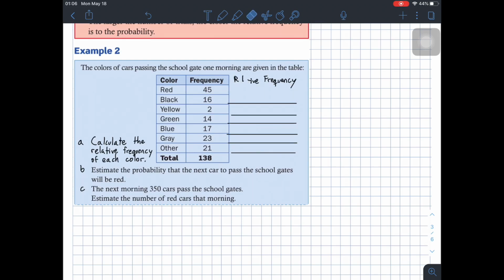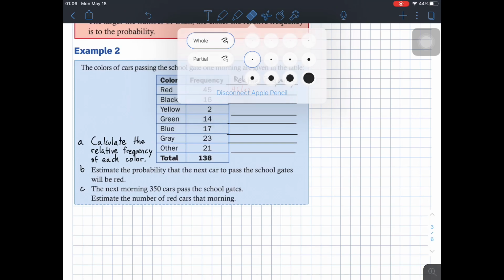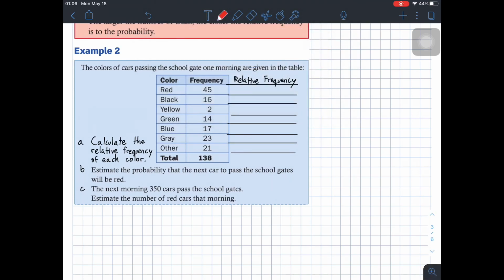Let me write this properly to avoid confusion. Okay, and if you do this division, I'm going to use the calculator to see if this simplifies. 45 divided by 138 is actually 15 divided by 46.